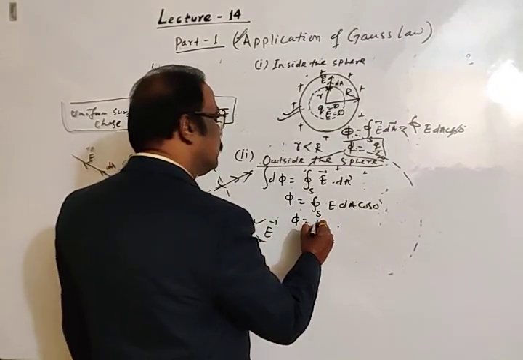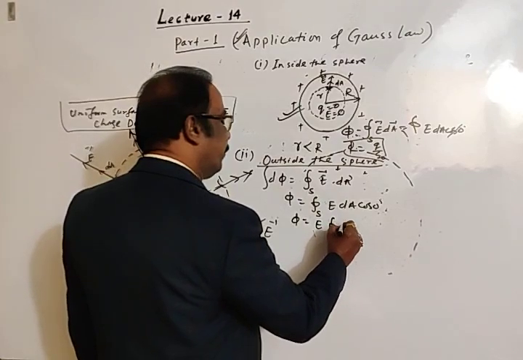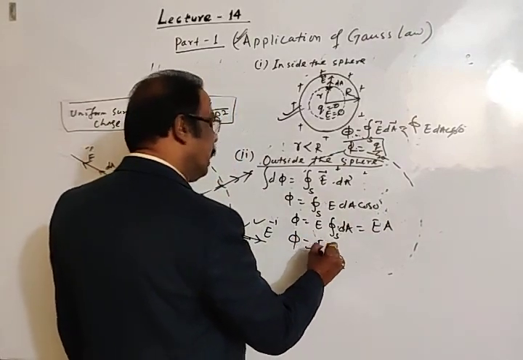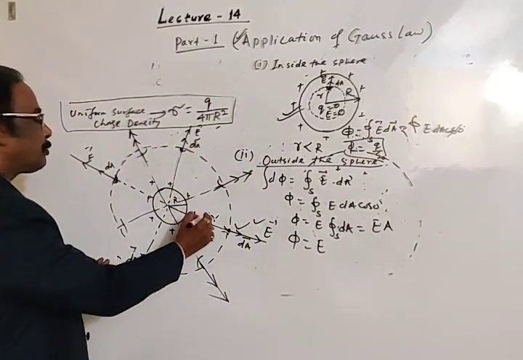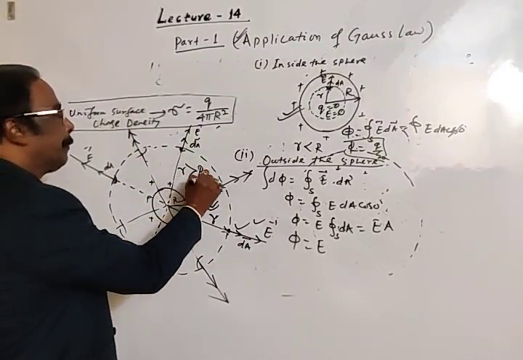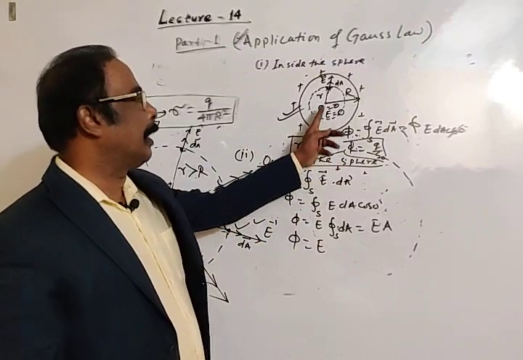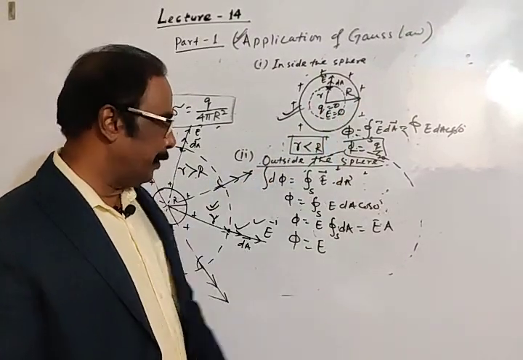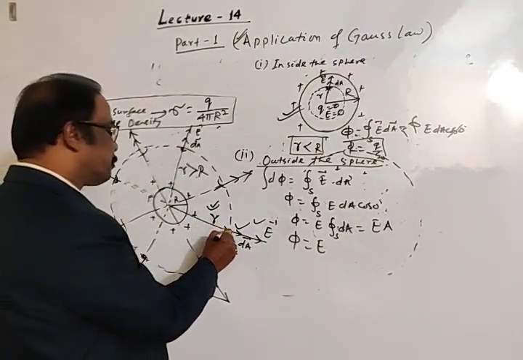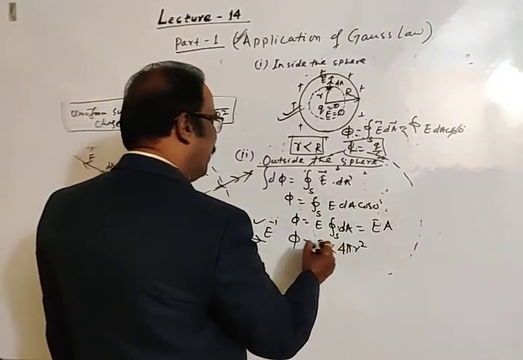So flux is E times the surface integral of dA, cos 0 is 1, so this is E into A, where A is the area of this Gaussian surface of radius small r. Here small r is greater than capital R. In the earlier case, small r was less than capital R, where capital R is the radius of the charged sphere. Since the Gaussian surface is spherical, the area is 4 pi r square.